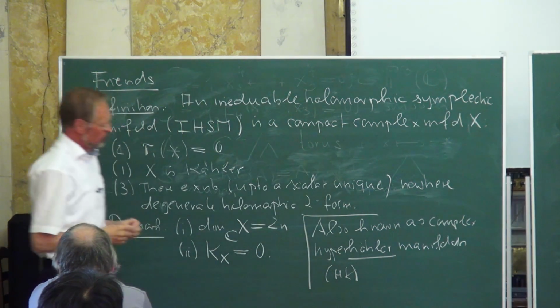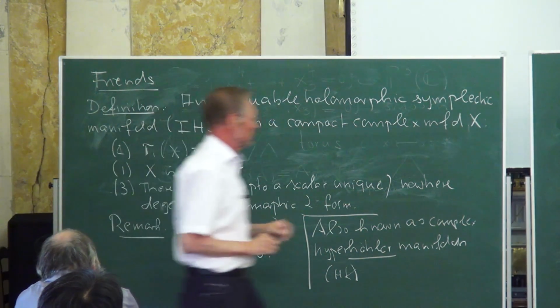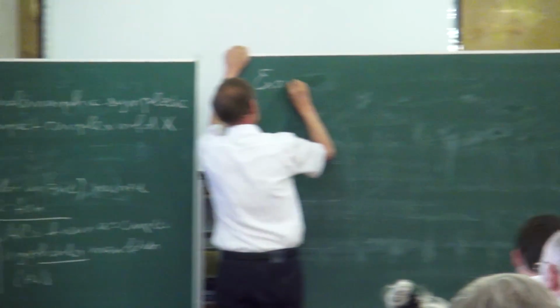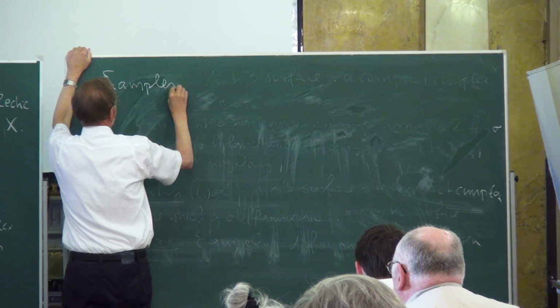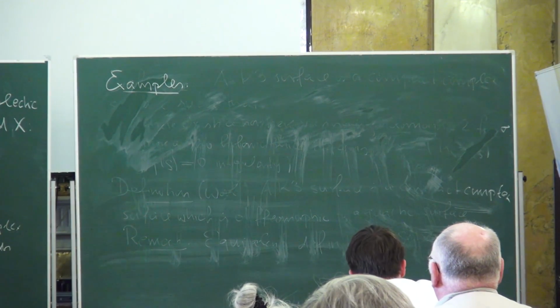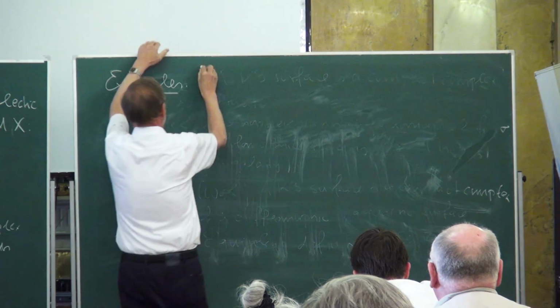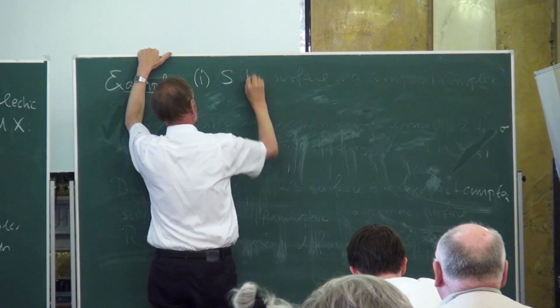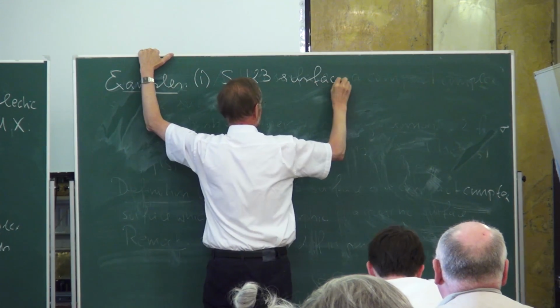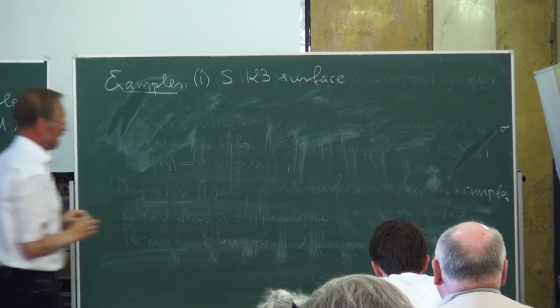So I should give you examples, and it's not surprising that we can get examples starting from K3 surfaces. So let me start with a K3 surface, projective or not, it doesn't matter.